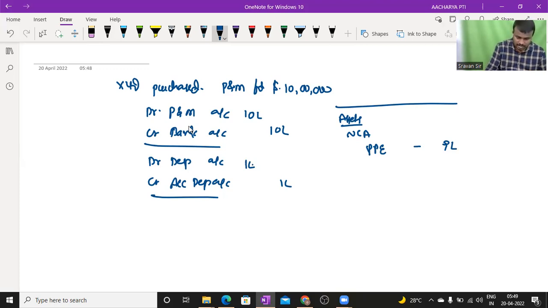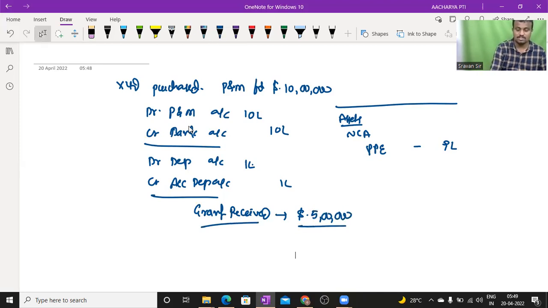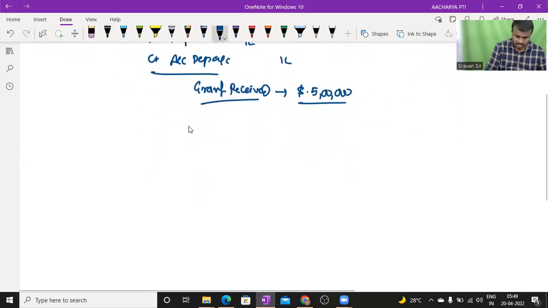9 lakh. Then if a grant is received to the extent of 5 lakhs, there are two methods.